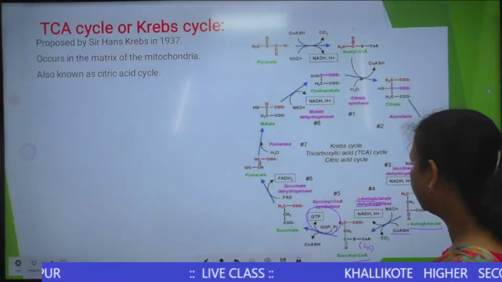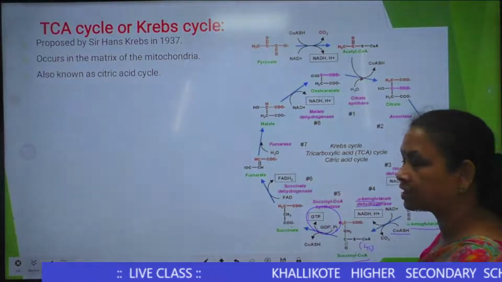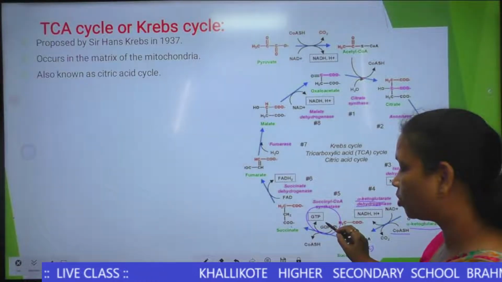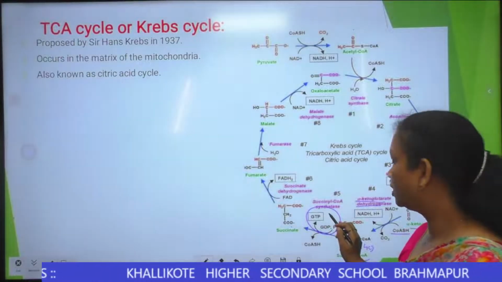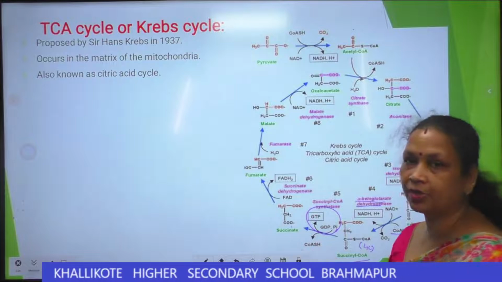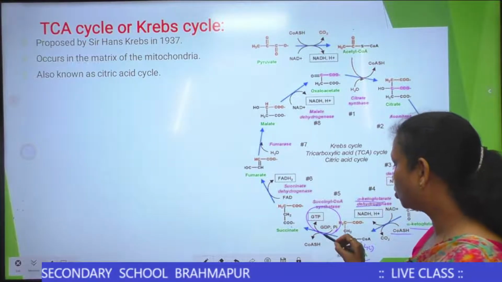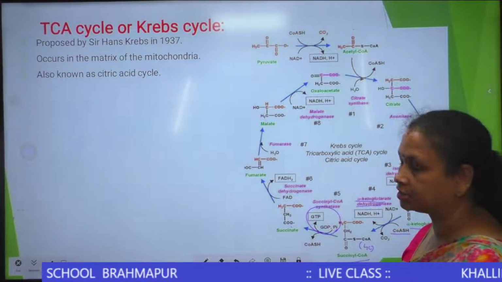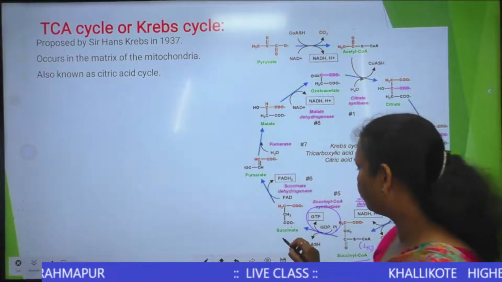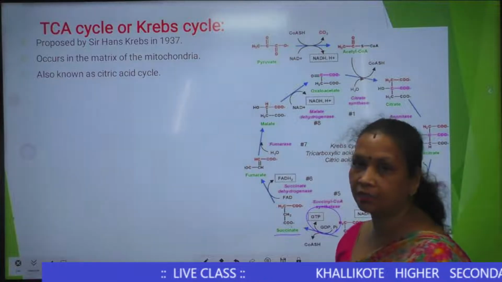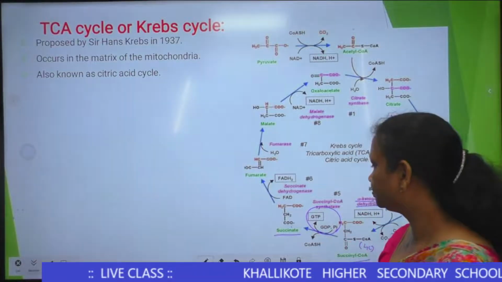The enzyme here is succinyl coenzyme A synthetase and a molecule of GTP is produced. This GTP will be later on converted to a molecule of ATP and coenzyme A is released. This results in the formation of the 4-carbon succinate molecule.